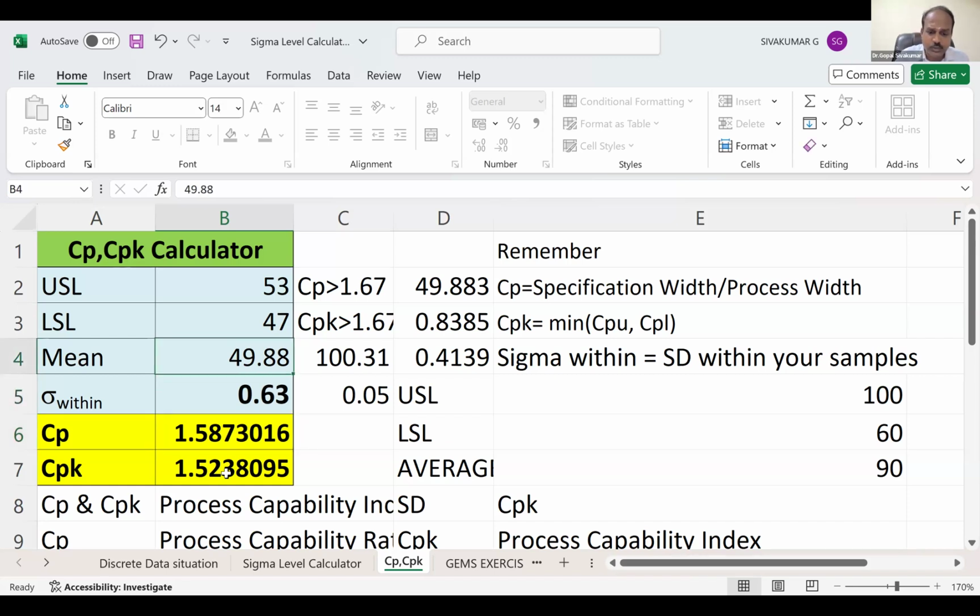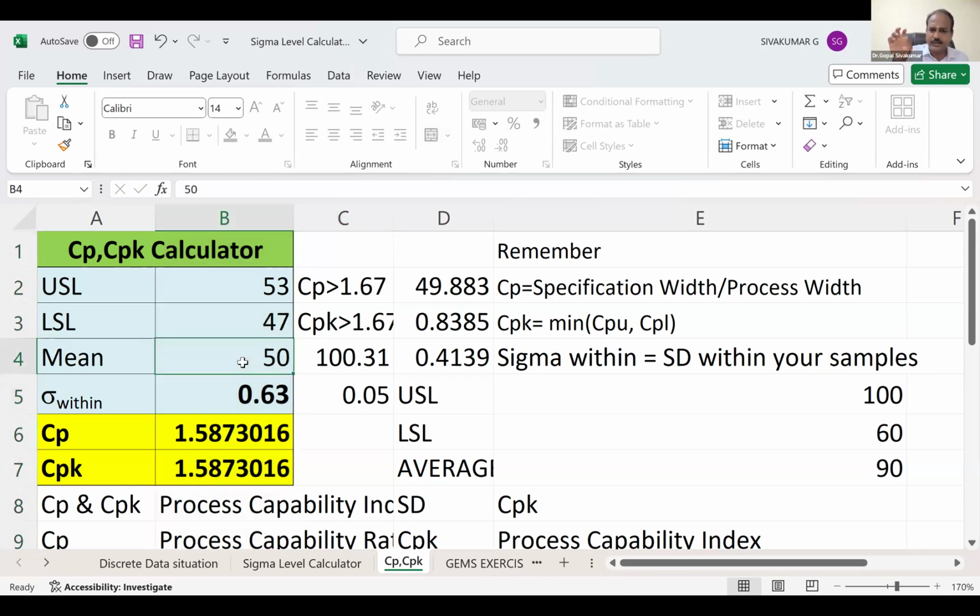Now, I'm going to do one more thing. Even though the shift is very, very small, I'm going to correct it. Now, where are you noticing the improvement? CPK. The improvement is seen only in CPK, right?